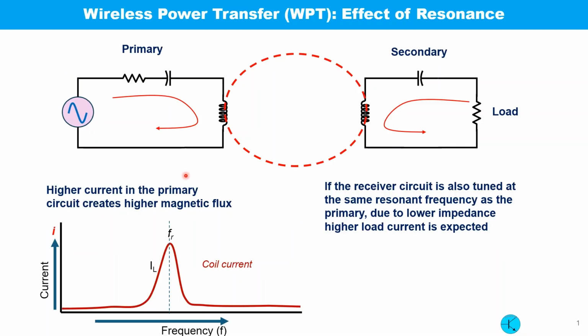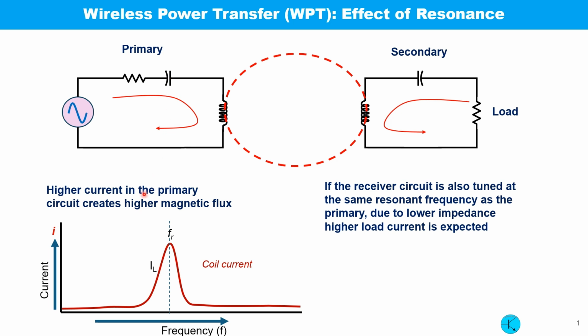In my last video, I mentioned that in a wireless power transfer system, resonance is utilized to efficiently transfer power over a distance of a few centimeters to a few meters. The primary coil is powered by an AC source with a capacitor in series.